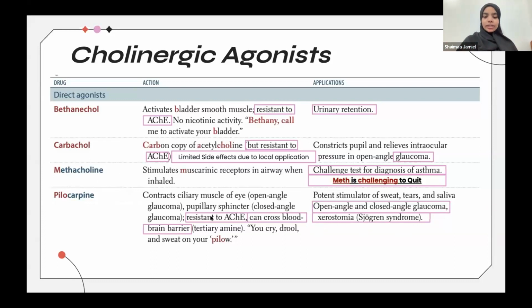So yeah, it crosses the blood-brain barrier, again resistant to acetylcholinesterase, and it's the drug of choice in emergency glaucoma and Sjogren syndrome, xerostomia, and dry eyes, and so on. Here it says you cry, you drool, and you sweat on your pillow. So it does all of these. It's used for the saliva, the eyes, lacrimation, and so on.